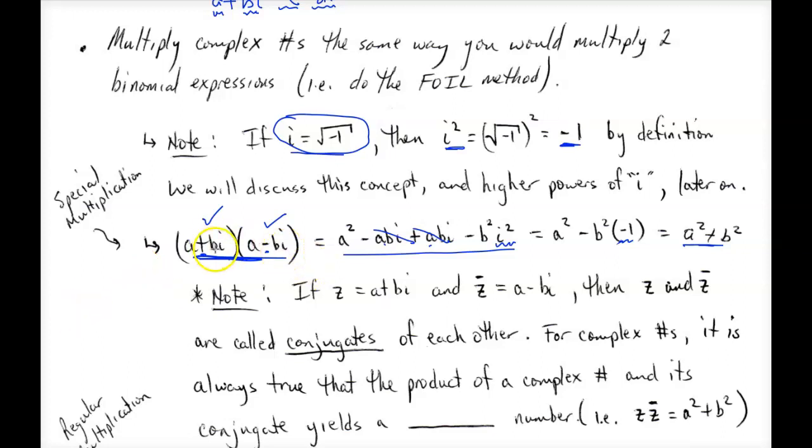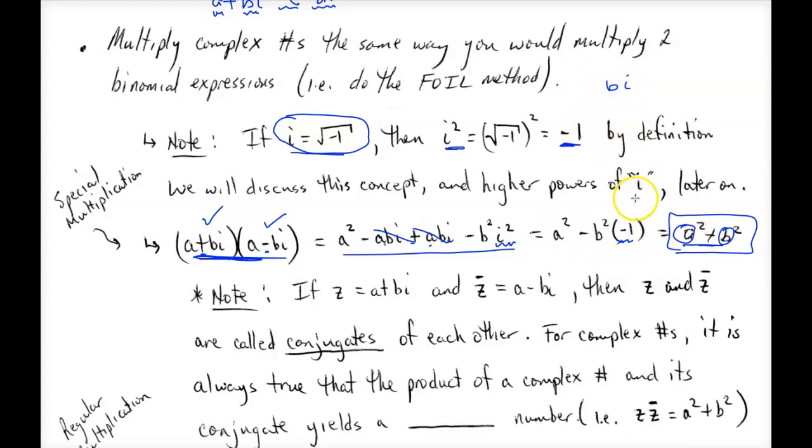And of course, anytime you multiply a complex number times its conjugate, you end up getting a real number as a result. Because if you look here, we know A is a real number, B is a real number. We know that this part BI is only imaginary when we actually have the I in it.